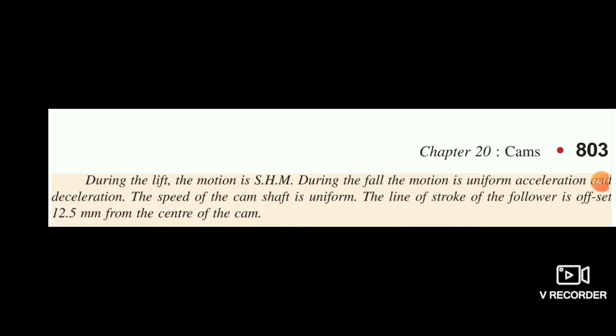Then in your displacement diagram you have rise as SHM and fall as UARM, and the follower axis is offset, so you have to draw the offset circle also, draw the tangents to the offset circle and find out the displacement on that. So this is the question. They have not asked you to find the maximum velocity and maximum acceleration, so that is not required. We will directly move on to drawing our displacement diagram.